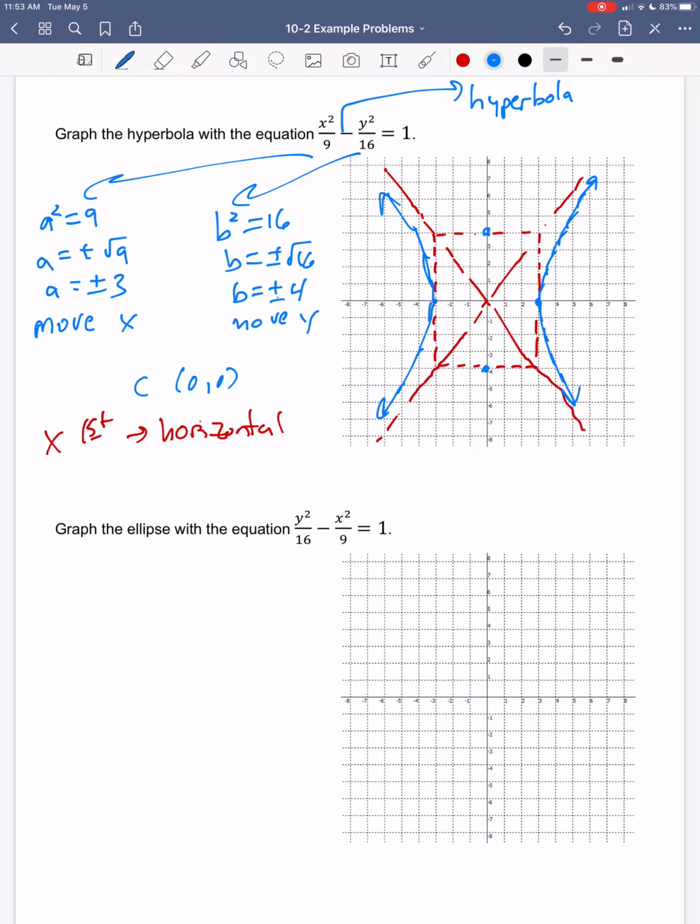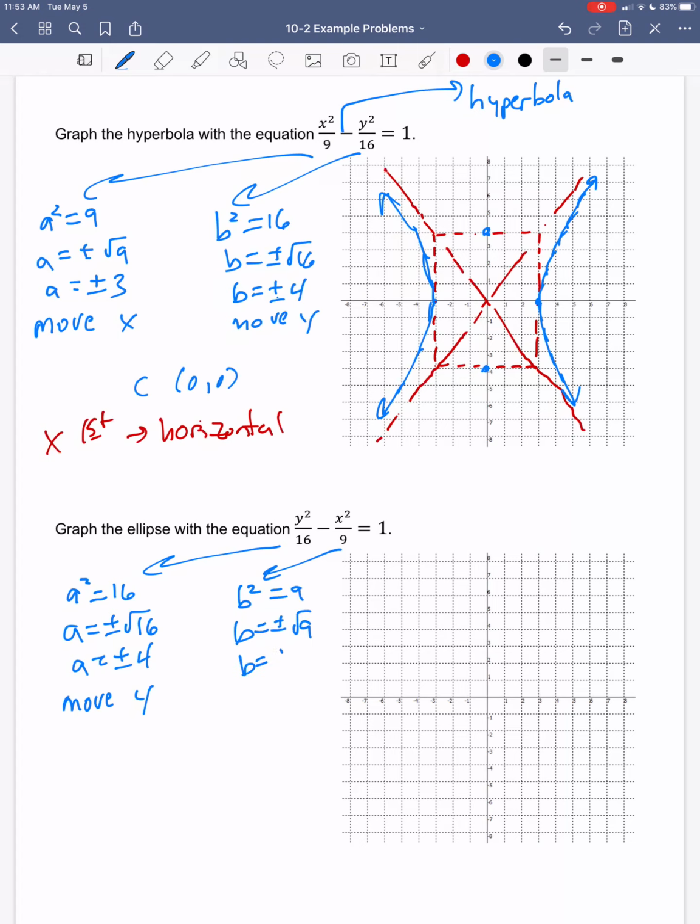This one below, the difference, of course, is that now my first is 16 and my second is 9. So a is plus or minus the square root of 16, which would be plus or minus 4. But now that 16 came from the y, so that's how far I'm moving in the y direction. And this 3 is how far I move in the x direction.